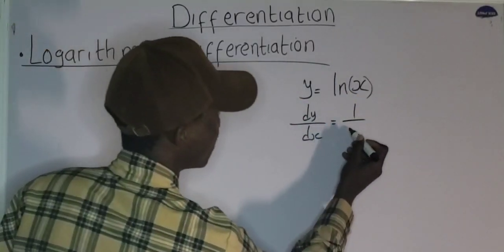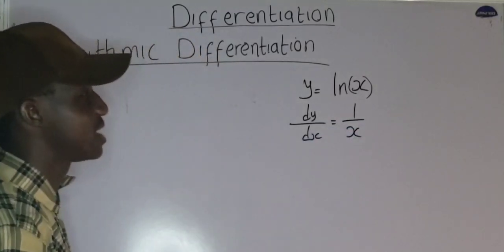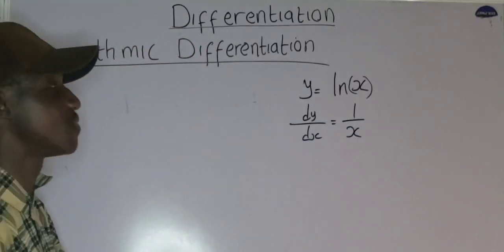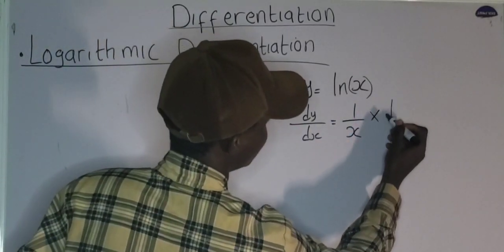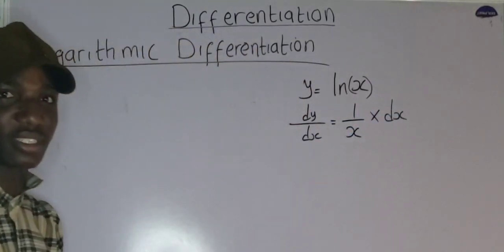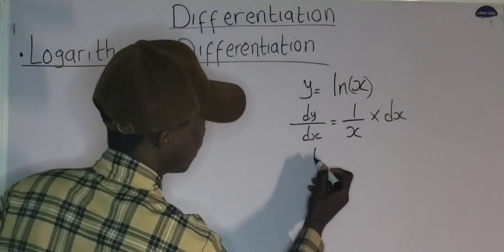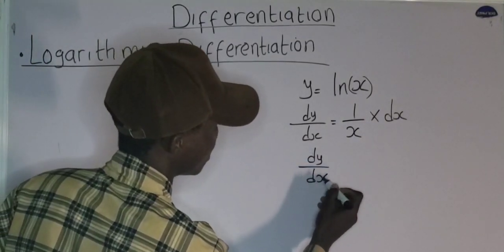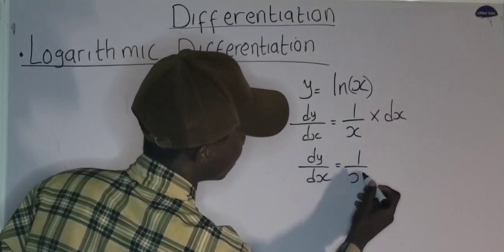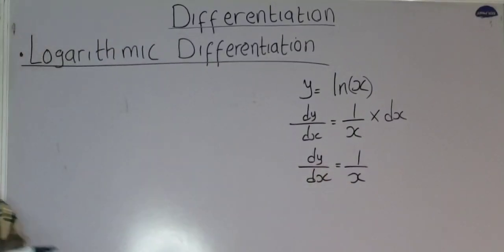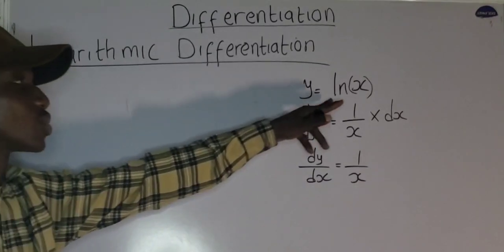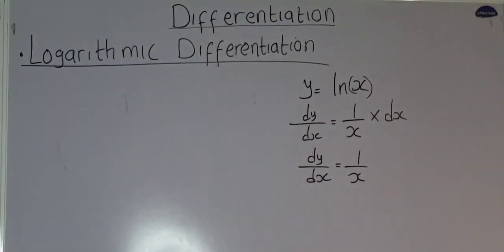That is 1 over x. Then I multiply it by the derivative of that function. If you differentiate x, you get 1. So 1 over x multiplied by 1 is 1 over x. So the derivative of y equals ln x is 1 over x. Do you understand?